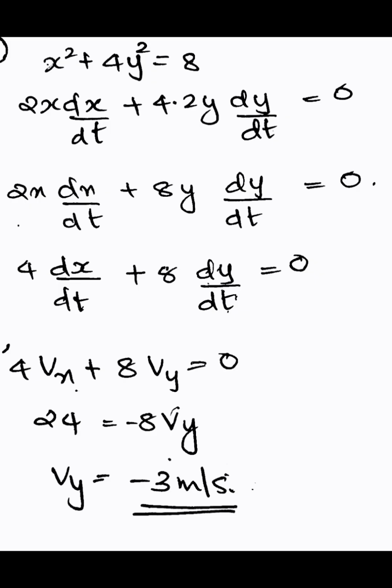And dx by dt is written as vx and dy by dt is vy. So that is 4vx plus 8vy is equal to 0. Substituting the value of vx is equal to 6 here, we get 24 is equal to minus 8 vy, that is vy is equal to minus 3 meter per second. So this is the y component of the velocity.